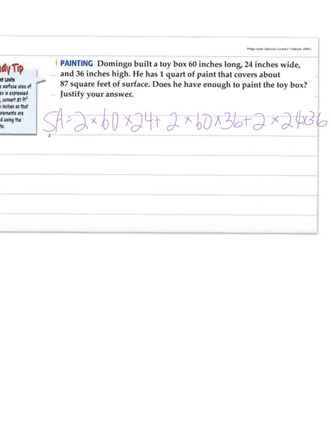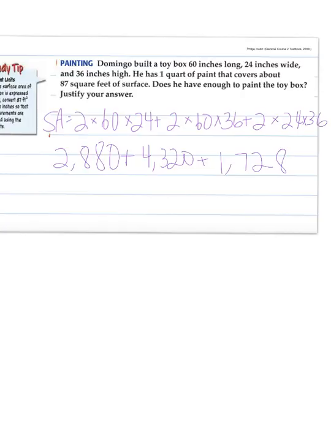2 times 60 times 24 is 2,880, plus 2 times 60 times 36, 4,320, and 2 times 24 times 36 is 1,728.